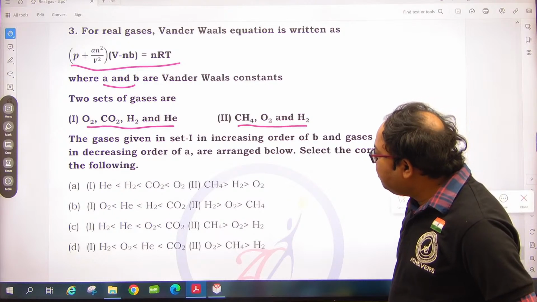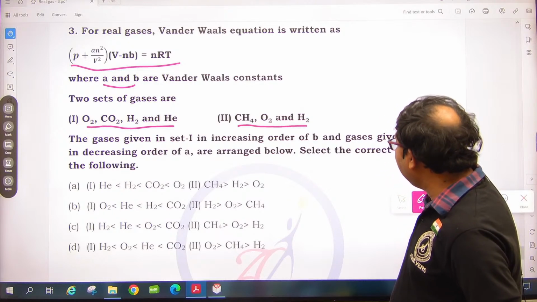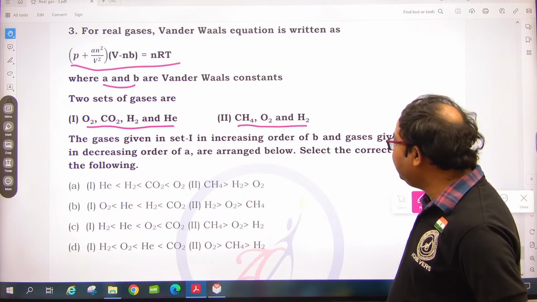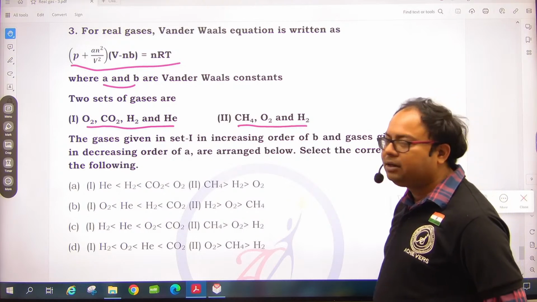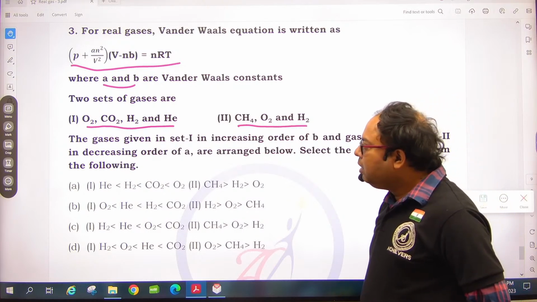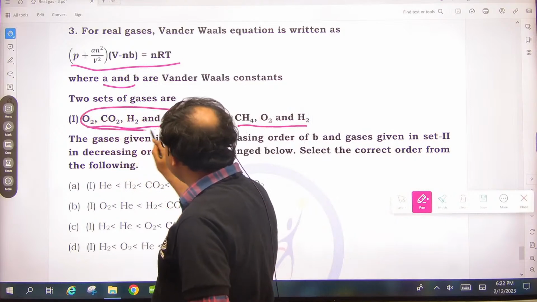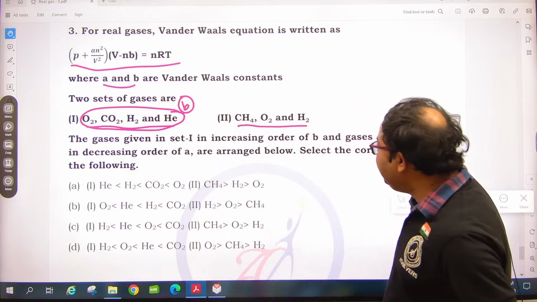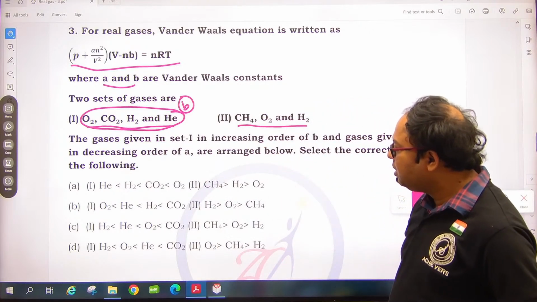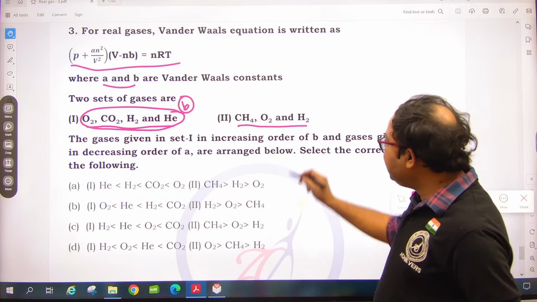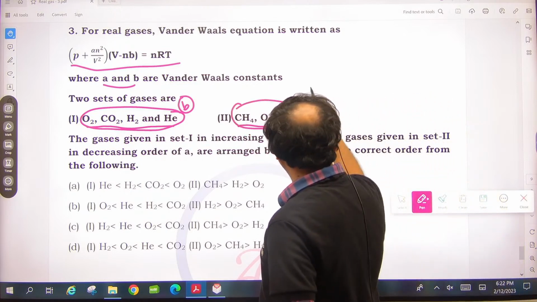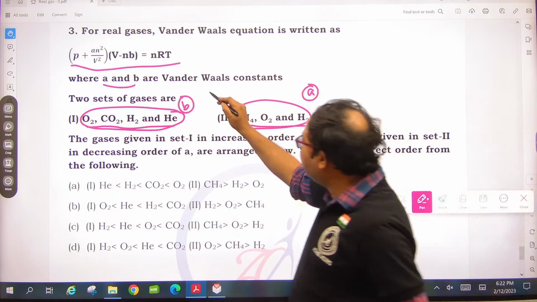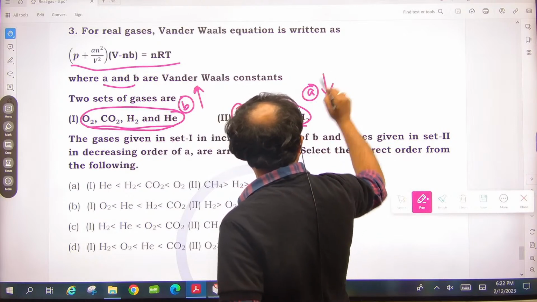Gases given in set 1 are in increasing order of B and gases given in set 2 are in decreasing order of A. Select the correct option. From set 1, you have to arrange the B value in increasing order. And from set 2, you have to arrange the A value in decreasing order.